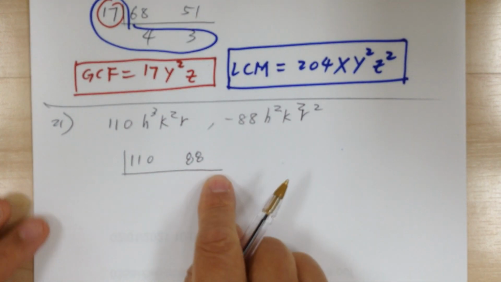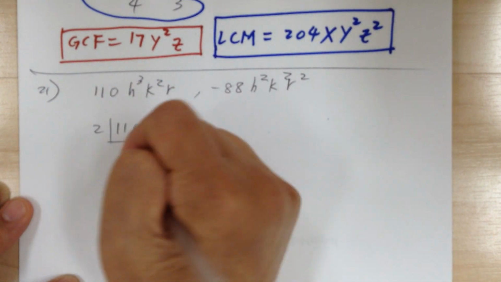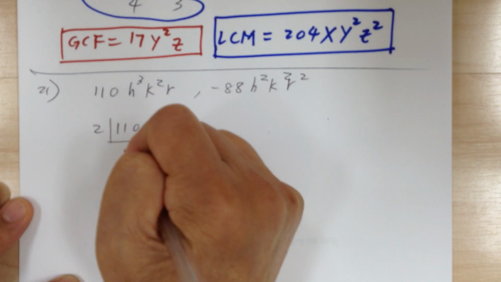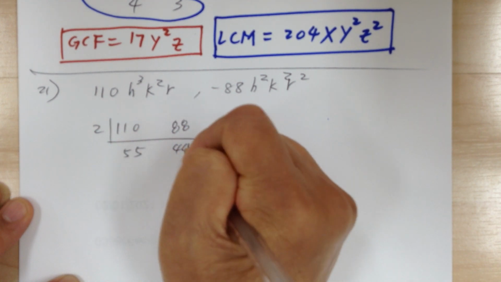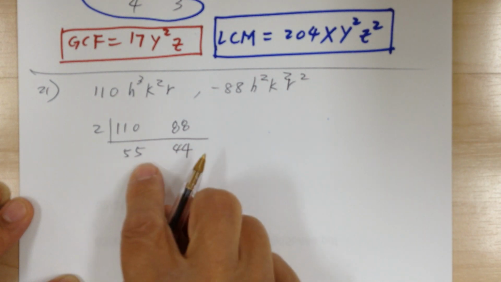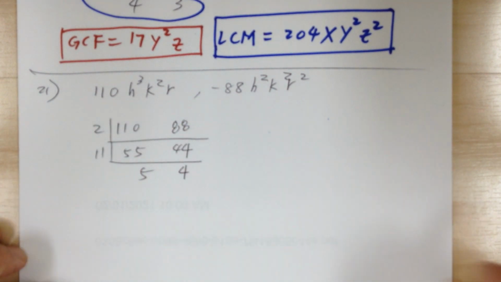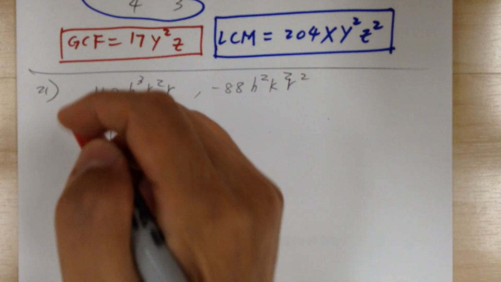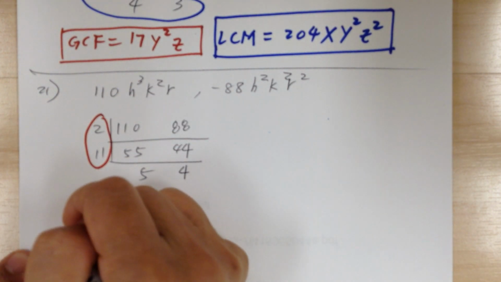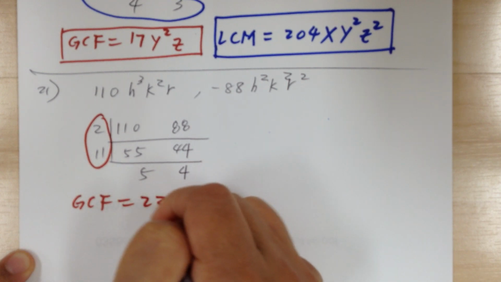Both are even, so we can divide by 2. Dividing by 2, you get 55 and 44. From here you can see the same number, so you can divide by 11. Dividing by 11, you get 5 and 4. So the GCF number is going to equal 22.